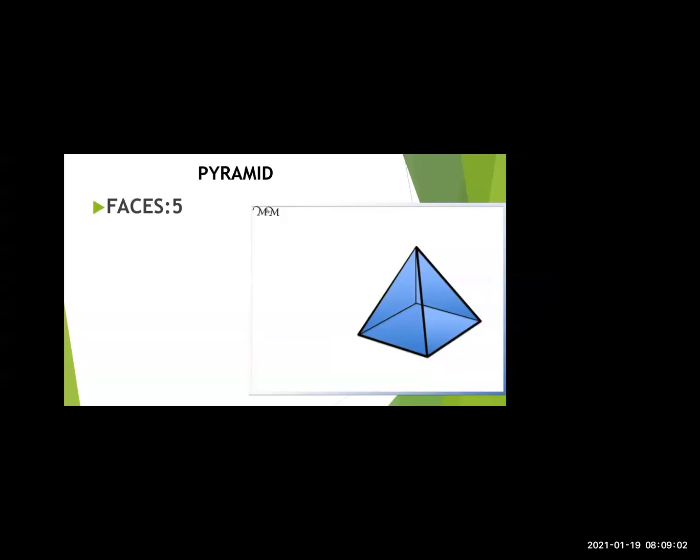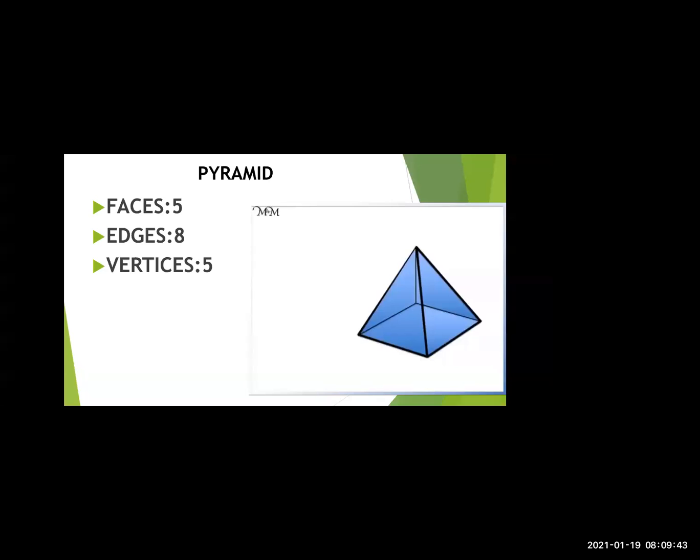So this 3D shape is called a pyramid. How many faces does it have? 5 faces, 8 edges and 5 vertices. Here you can see, students, in this pyramid the base is a square, and from all the sides it has a covering of triangles. The square is quadrangular, having 4 sides, so to cover it they have used 4 triangles.